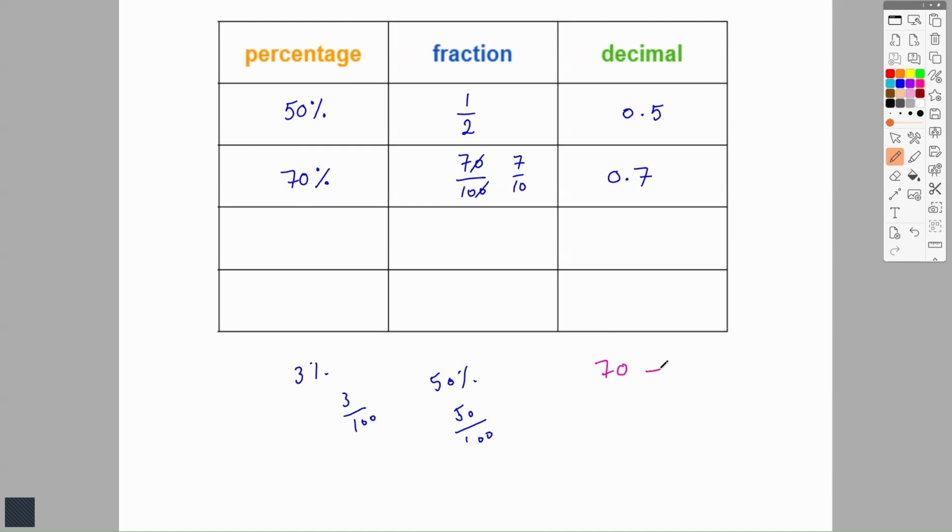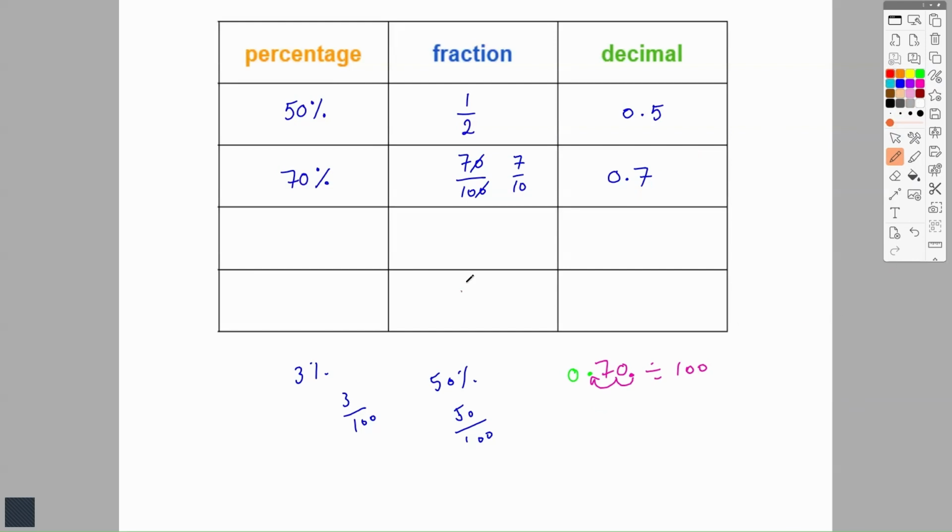So 70 divided by 100. If we are dividing by 100, we just move the decimal point twice to the back. The decimal point will be placed here, and since we cannot start a number with a decimal point, we put 0. So this number is 0.7.